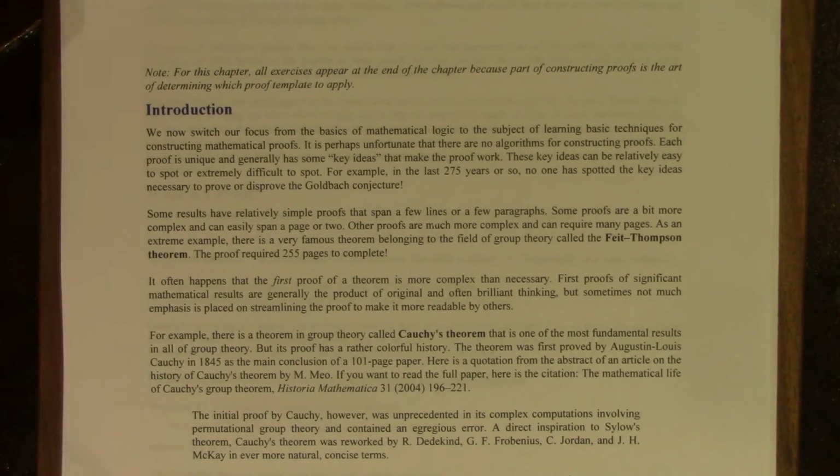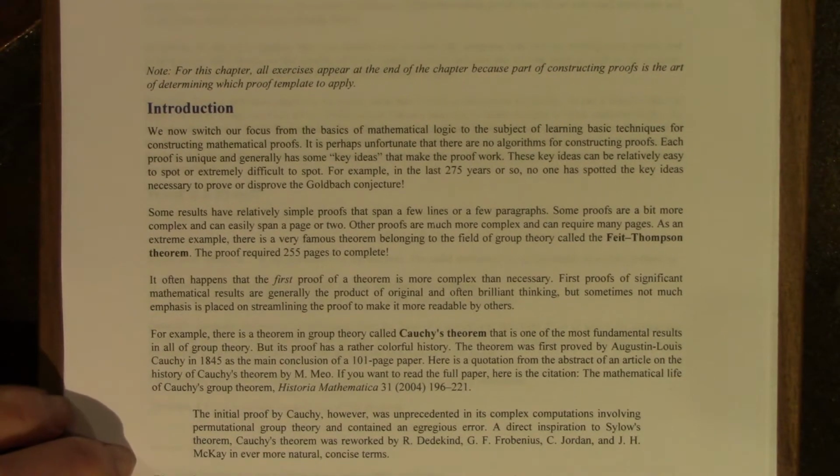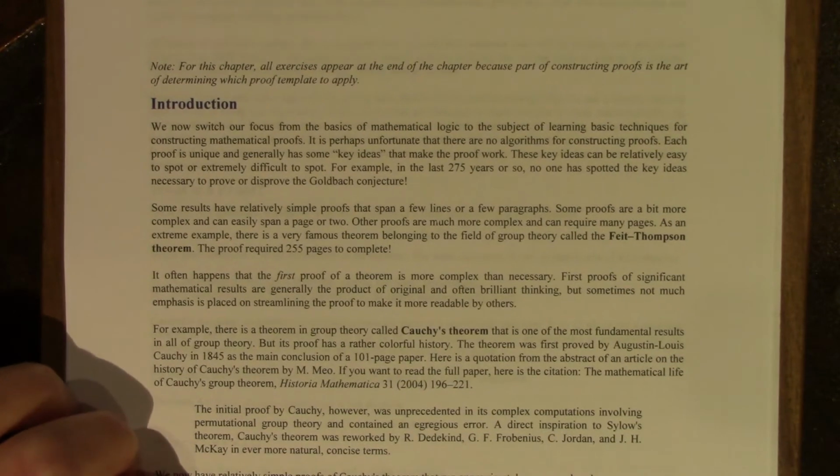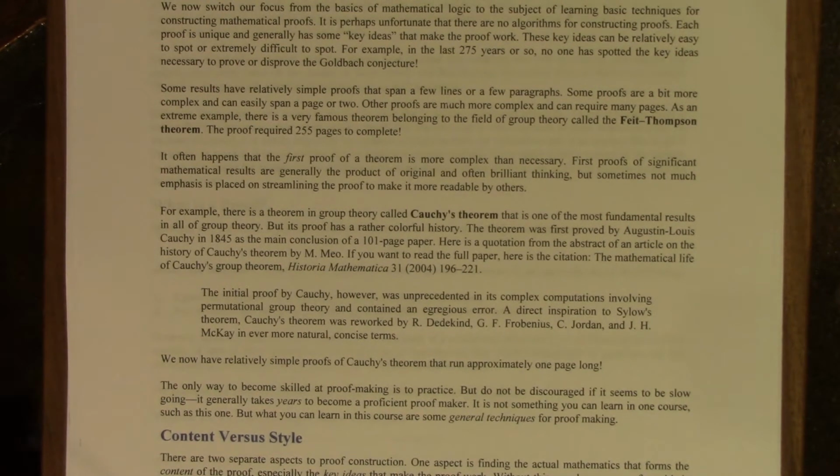Also, it often happens that the first proof of a result is not as elegant or streamlined as it might be. Just as an example, suppose you were to find a proof of the Goldbach conjecture.